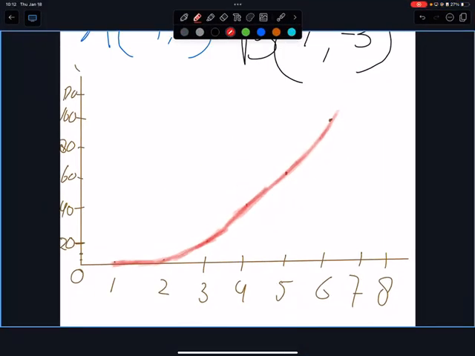So, once you are done with drawing the graph, the time it takes to fall 100 meters. So, you need to look at where? The 100 meters. What do you need to do? Draw a line from 100 to the graph.